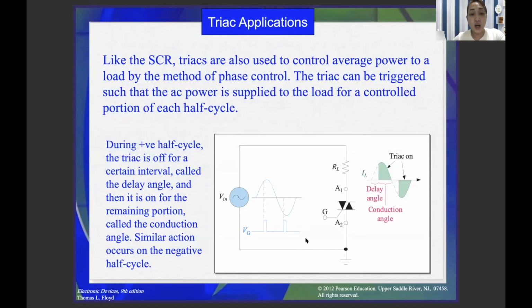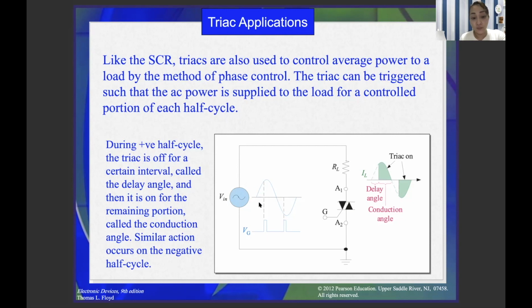Application. Like the SCR, Triacs can also be used to control average power to a load by the method of phase control. The Triac can be triggered such that the AC power is supplied to the load for a controlled portion of each cycle. During the positive half cycle, the Triac is off for a certain interval called the delay angle.